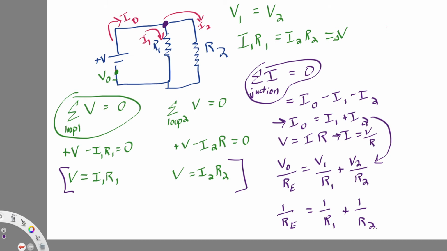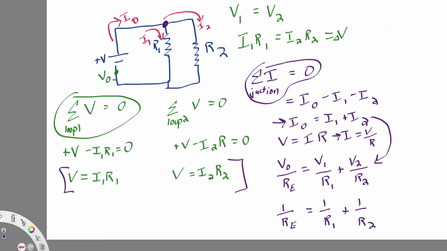So for parallel circuits, we have this relationship here. The reciprocal of the equivalent resistance is equal to the sum of the reciprocal of the individual resistances.